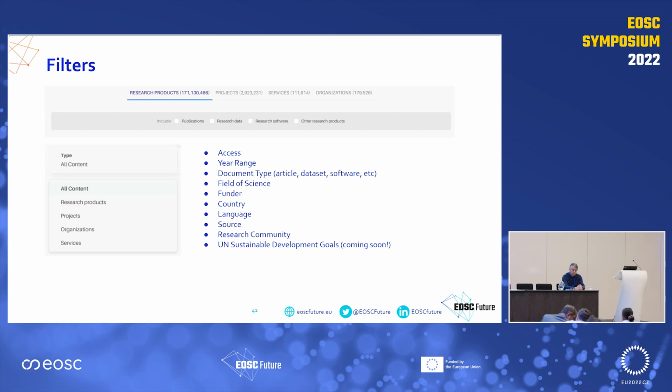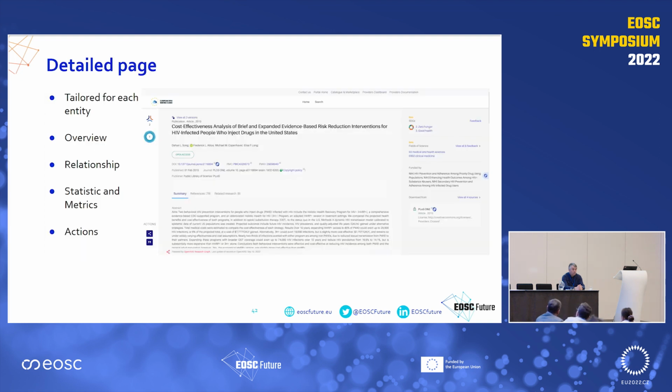The country, for instance, from which repository the data is coming, the languages, the source, even the kind of community. And it's now in beta version, also the possibility to browse the Sustainable Development Goals, but at the moment it's just in beta version.